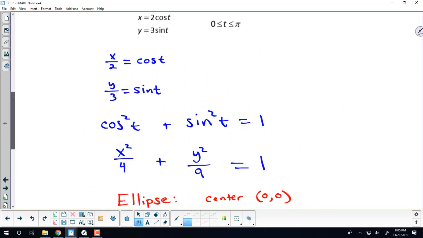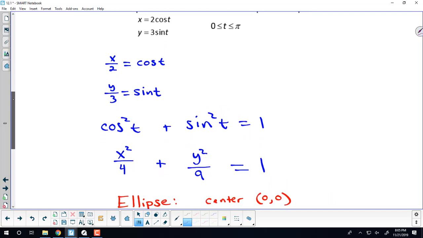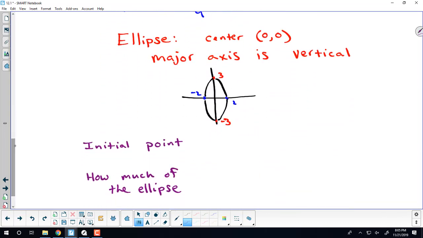T is 0, so our initial point would be 2, 0. So there's our initial point.